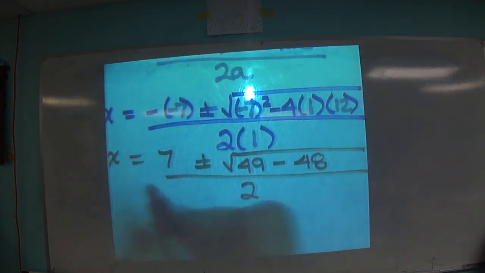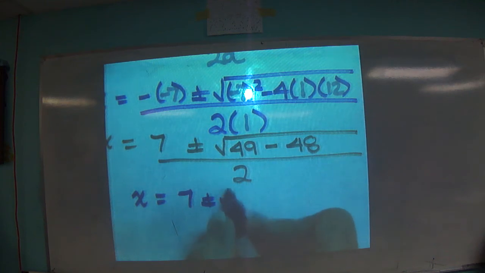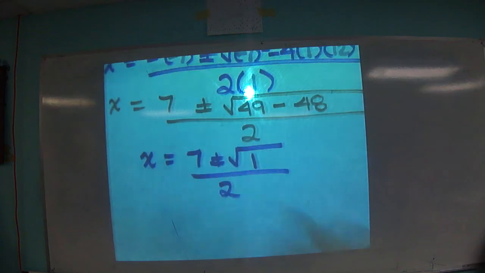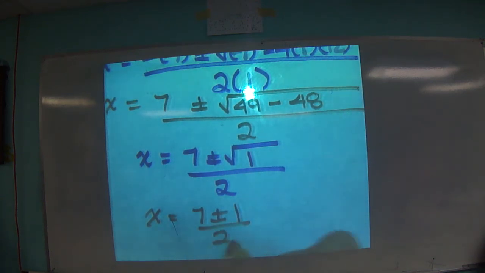Okay? Now we have x equals 7 plus or minus the square root. What's 49 minus 48? 1, over 2. x equals 7. What's the square root of 1? 1. 1 over 2.